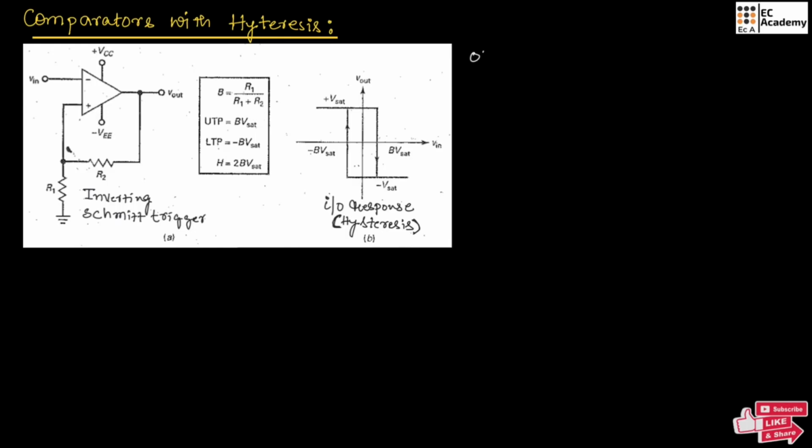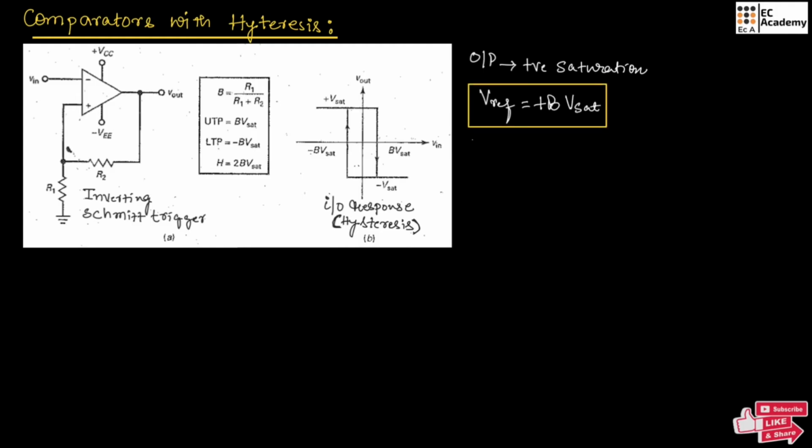When the output is positive saturated, then we can write V reference = +B × V saturation. And when the output is negative saturated, then V reference will be equal to -B × V saturation.